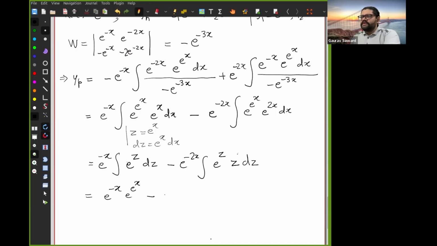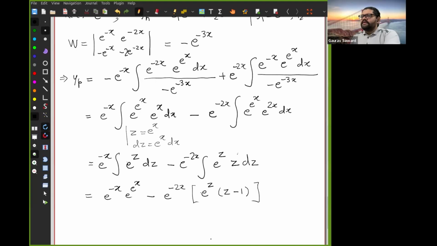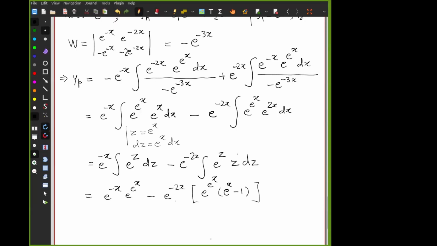And once you do the integration, you should get e power minus 2x, and inside what you get, you will get e power z, that is z minus 1. And then let's just handle this e power x, okay? So now this should be fine.